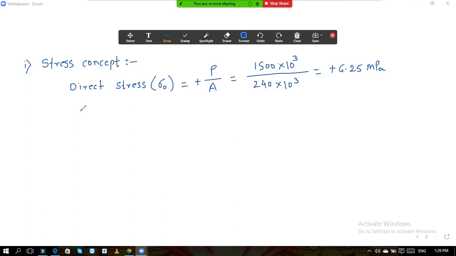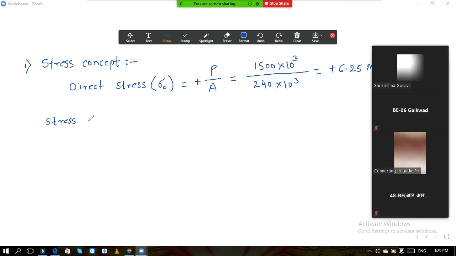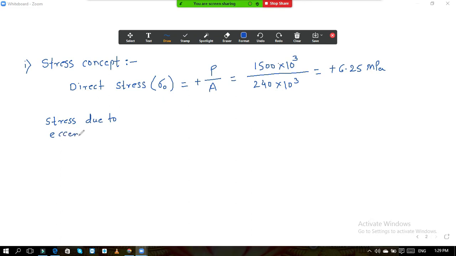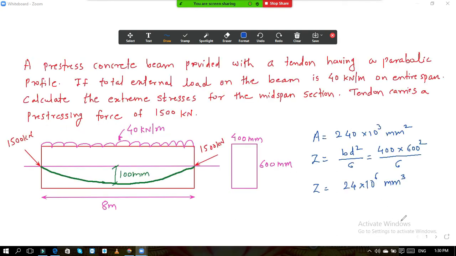Now after the direct stress we will calculate the stress due to eccentricity. Okay, so the second thing is stress due to eccentricity. So stress due to eccentricity is calculated as PE by Z. Now where plus minus or minus plus, how are we going to decide?